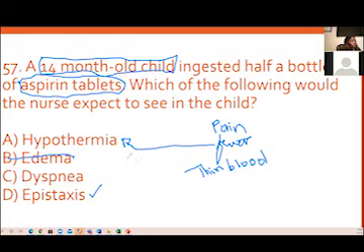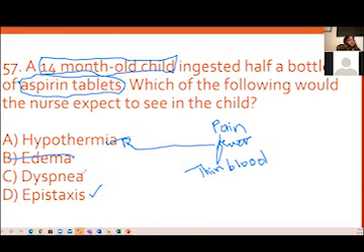So two things I look at here: hypothermia and epistaxis, because I know that aspirin can lower the temperature. If someone has fever, it will lower the temperature. But if someone doesn't have fever, it's not going to affect them. Look at someone who has a heart problem and takes aspirin daily, they don't have hypothermia. So I'll cross out hypothermia.